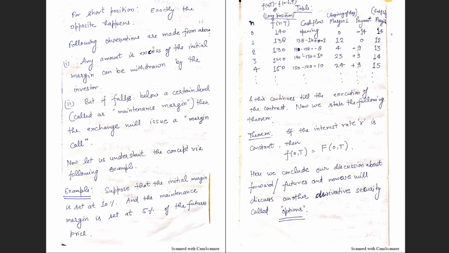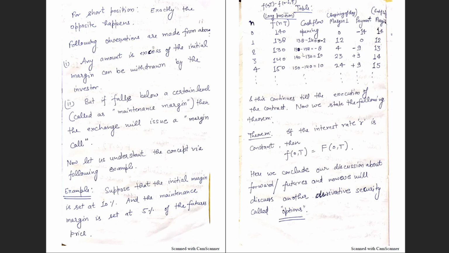So 14 was there and it is minus 2, so 14 minus 2 becomes 12. And 12 is more than 5%, because the maintenance margin is 5%. So more than 5% of 138. 5% of 138 is even lesser, so there is no payment you have to make, and at the end of the day it will again be 12 rupees.